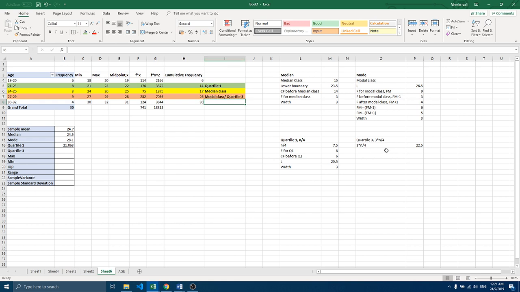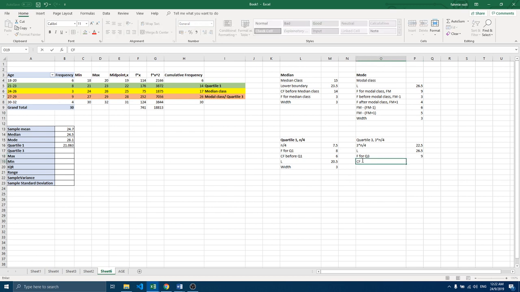Okay. So next, find your lower boundary. Lower boundary for quartile 3 is 26.5. Frequency for quartile 3 is 9.